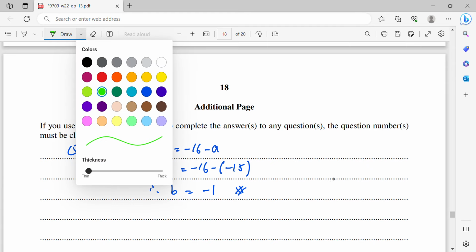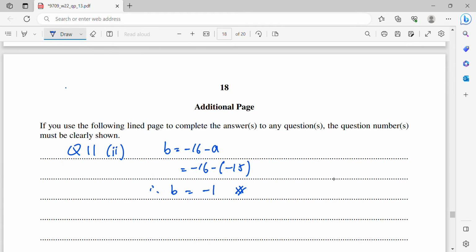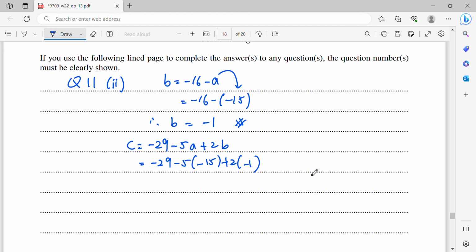So minus 29 minus 5, a is negative 15 from here, plus 2, b is minus 1. So from here, you will get minus 29 plus 75 minus 2. So then you will get 44.